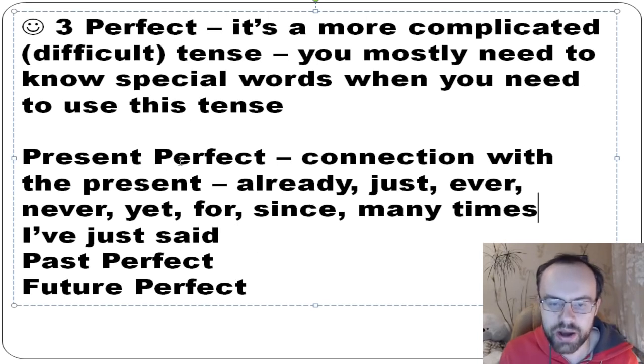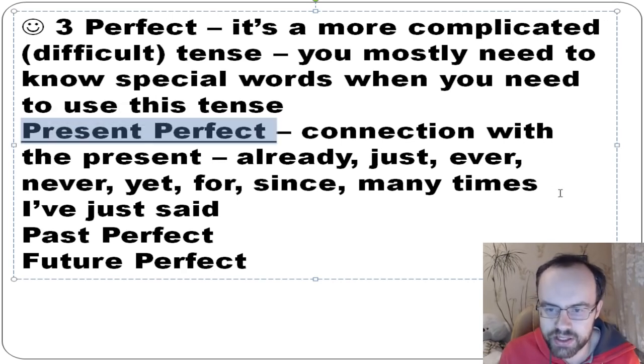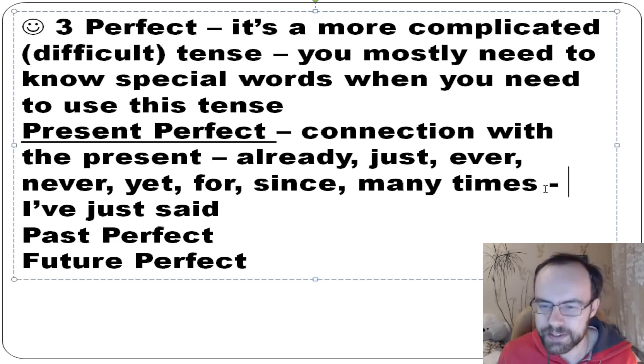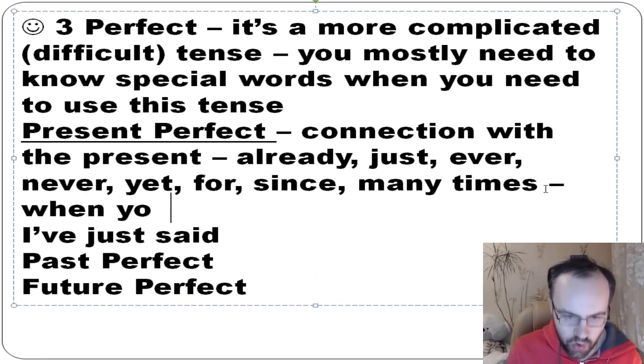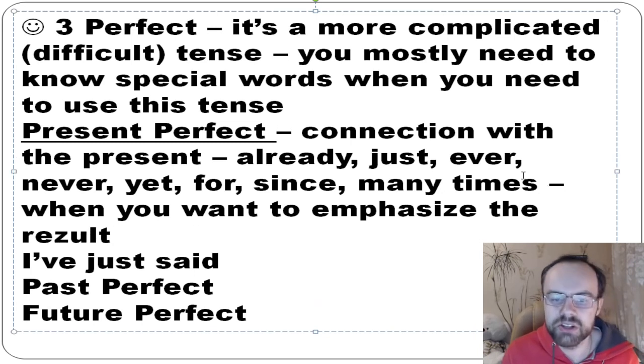But the most important thing, if we are talking about present perfect, is if there is a connection with the present, and when you want to emphasize the result, to say that it's really important.